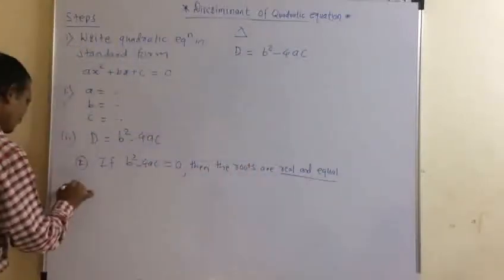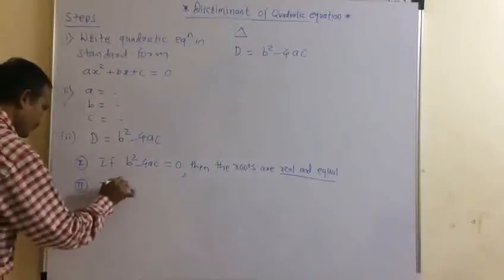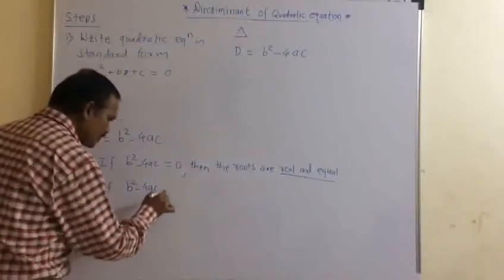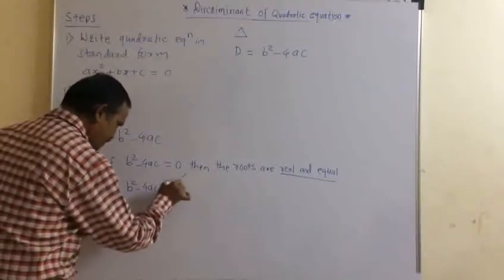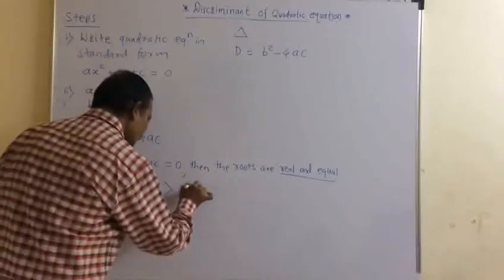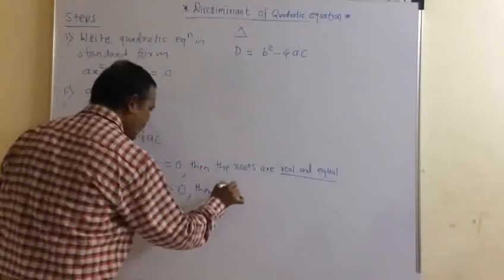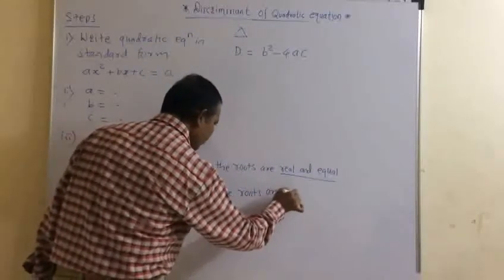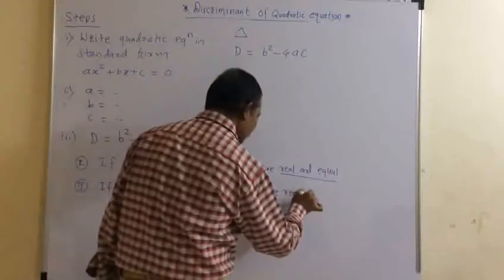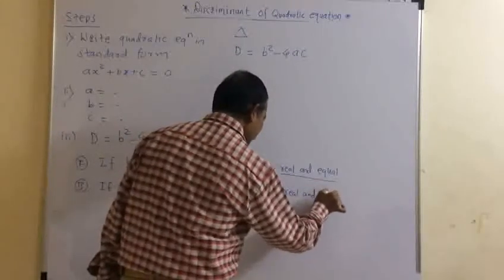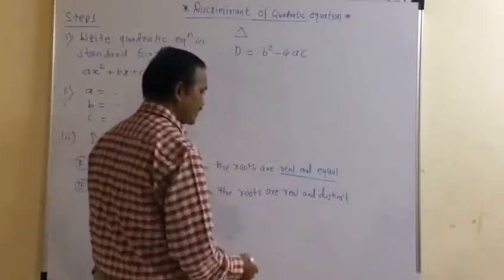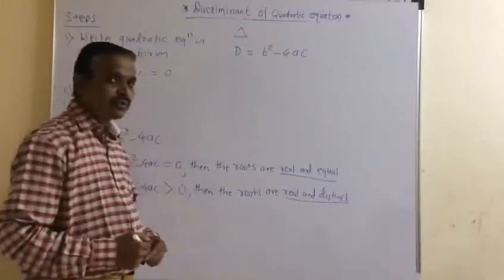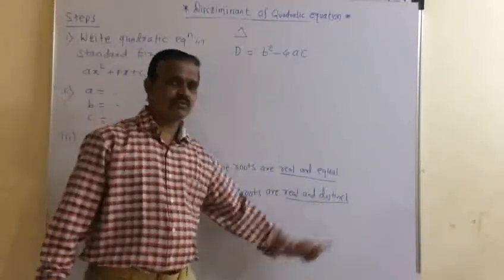And if b square minus 4ac gives a value greater than 0, then the roots are real and distinct. That means here we get two different real roots.